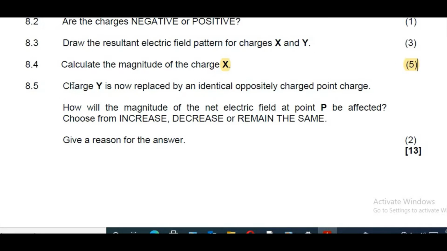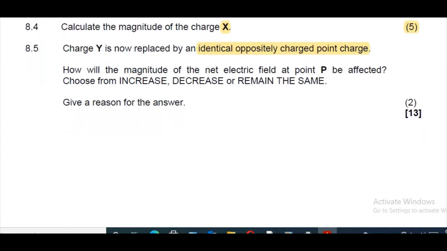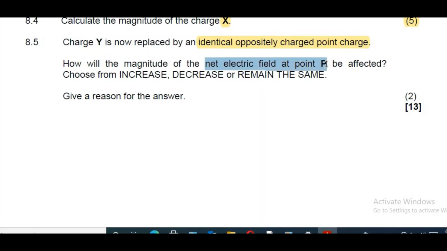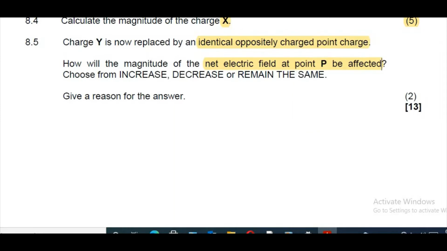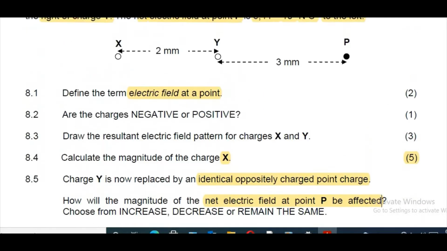And then the last question says that charge Y is now replaced by an identical oppositely charged point charge, right? Cool. And now it's asking us, how will the magnitude of the net electric field at point P be affected? Remember that net electric field was 5.44 multiplied by 10 to the power of 6, if I'm not mistaken.